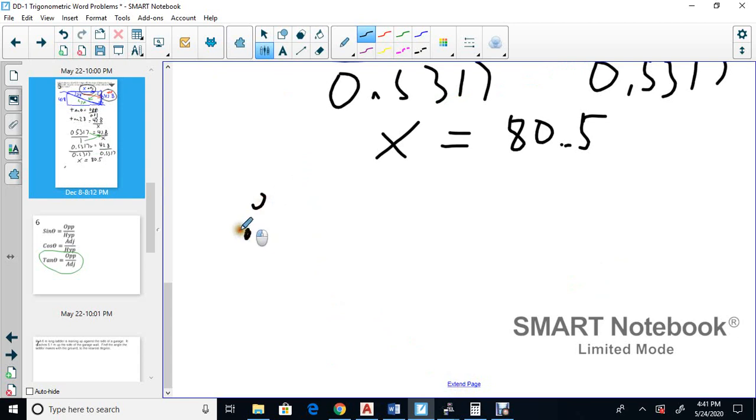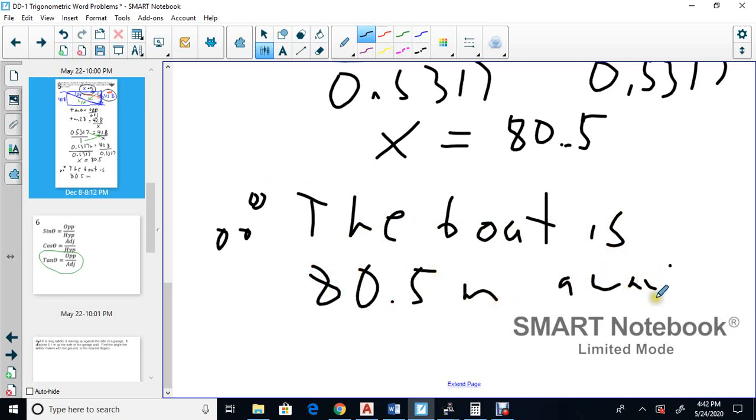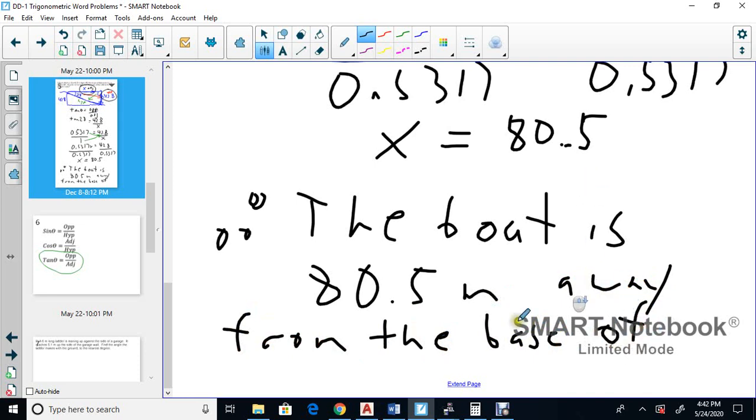Therefore, the boat is, I believe it was meters, 80.5 meters away from the base of the cliff.